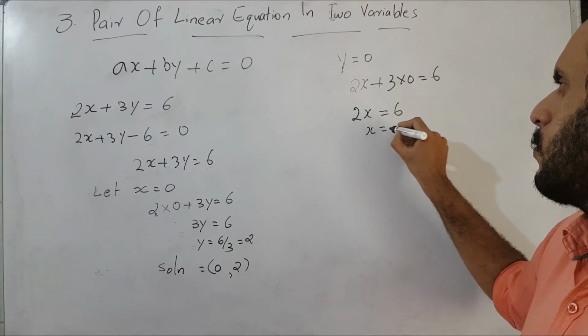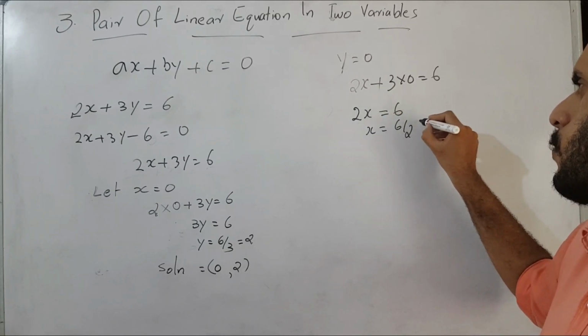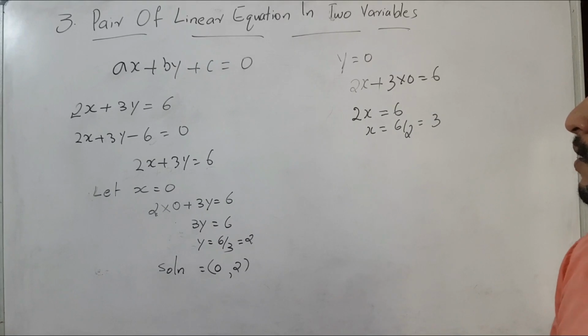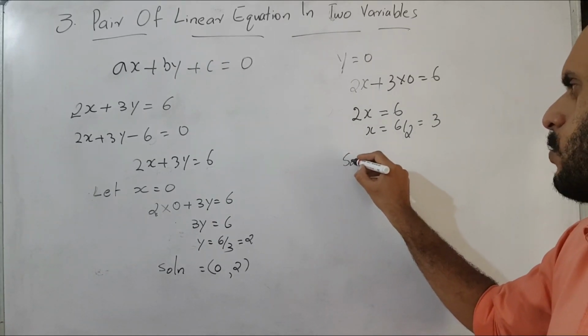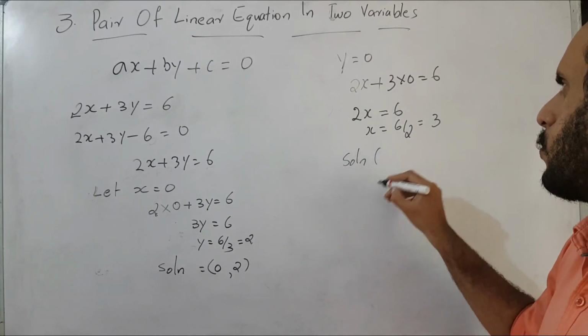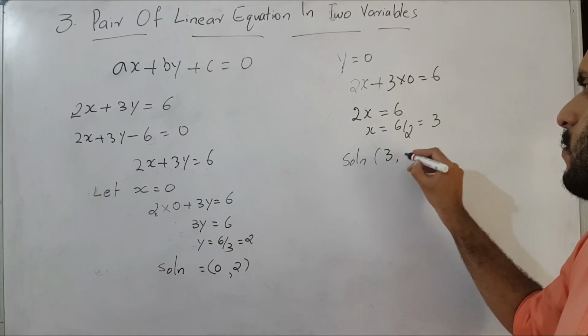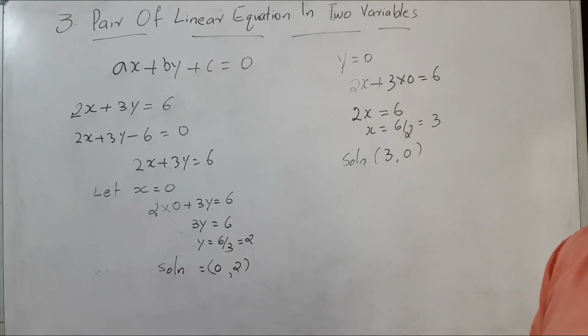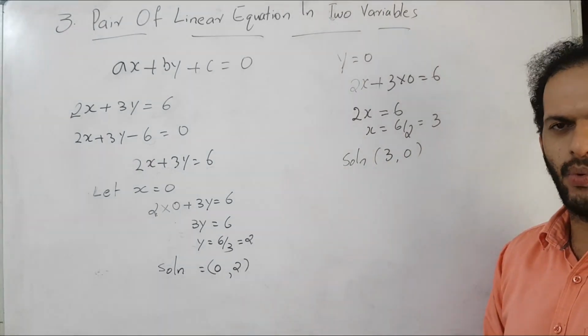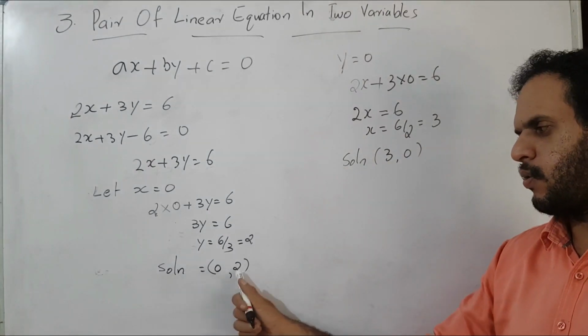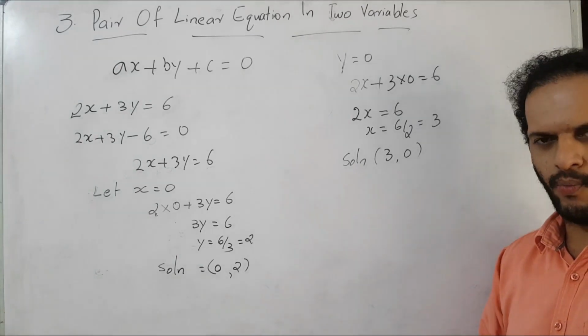Therefore x is equal to 6 by 2 is equal to 3. So what is the second solution of this equation? What do I write first? The x value, 3, 0. So the solution of this equation is (3, 0). The first solution is (0, 2). The second solution is (3, 0).